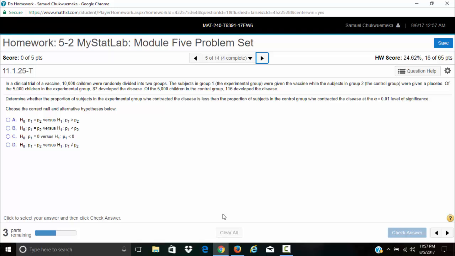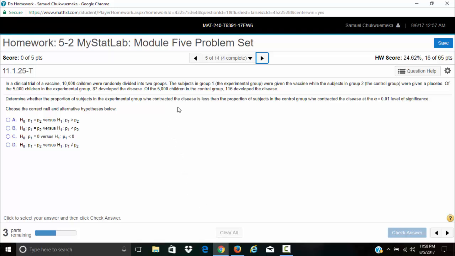Of the 5,000 children in the control group, 116 developed the disease. Determine whether the proportion of subjects in the experimental group who contracted the disease is less than the proportion of subjects in the control group who contracted the disease at the 1% level of significance.